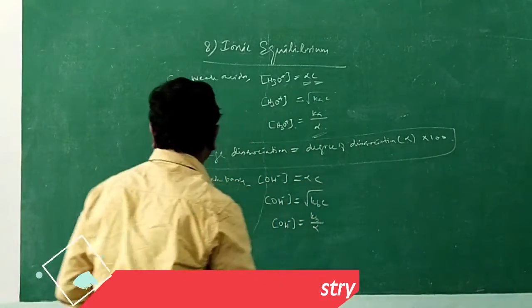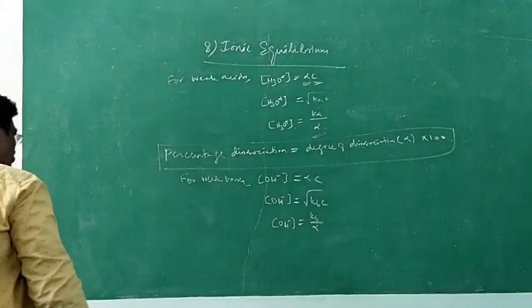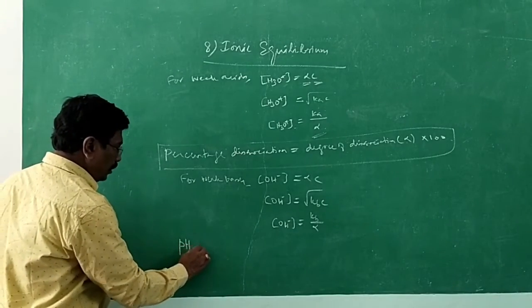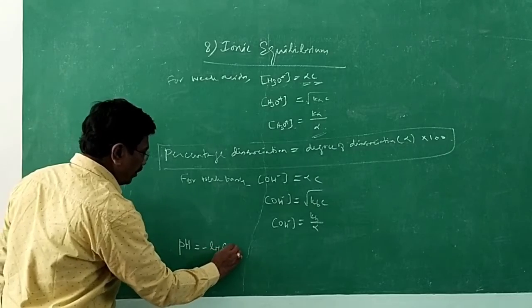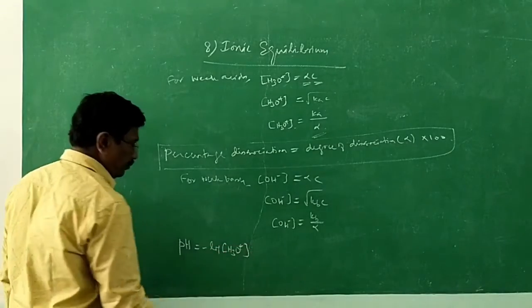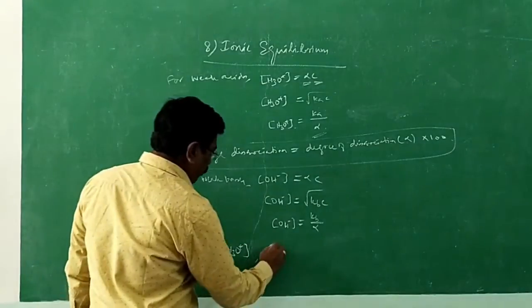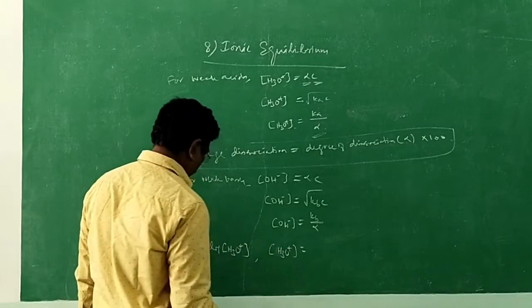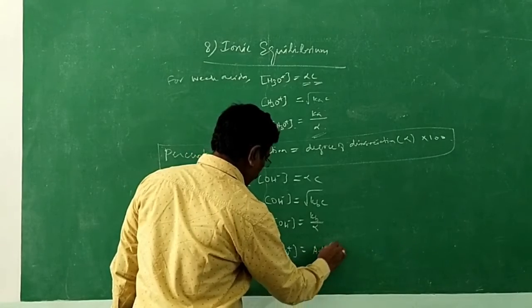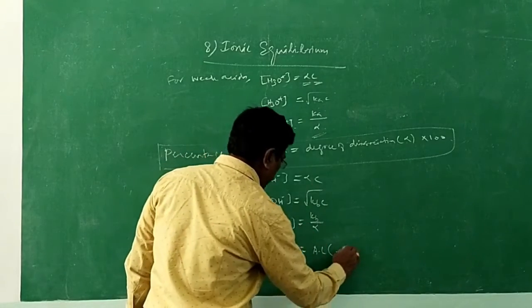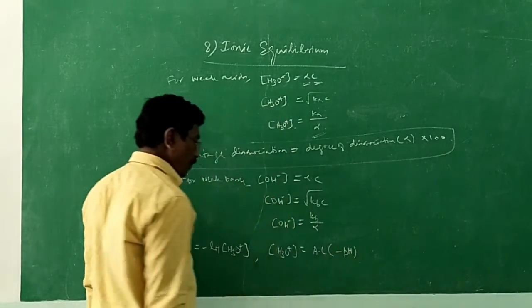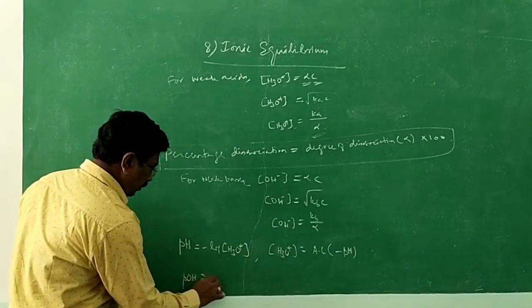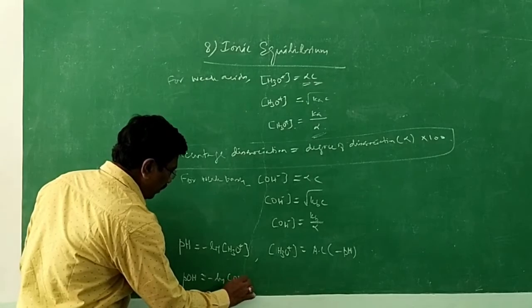So using all these data given and the very simple formula, pH is equal to minus log hydronium ion concentration. Hydronium ion concentration is equal to antilog of minus pH. pOH is equal to minus log hydroxide ion concentration, of course to the base 10.